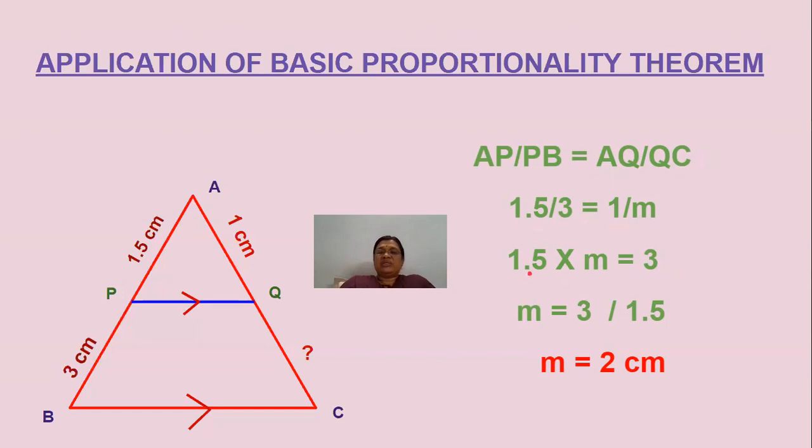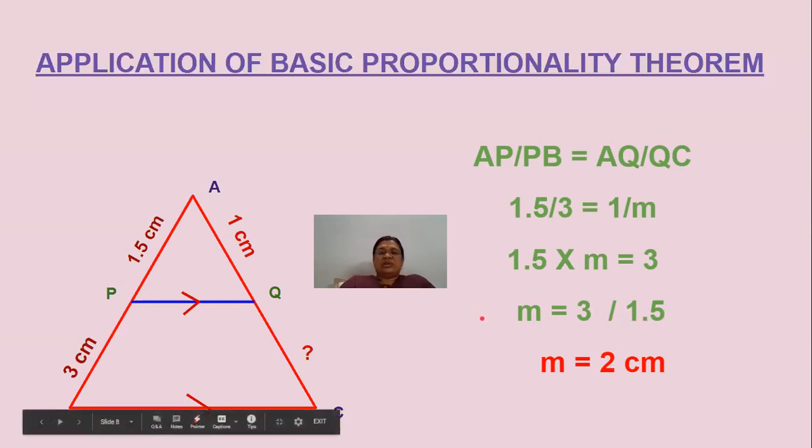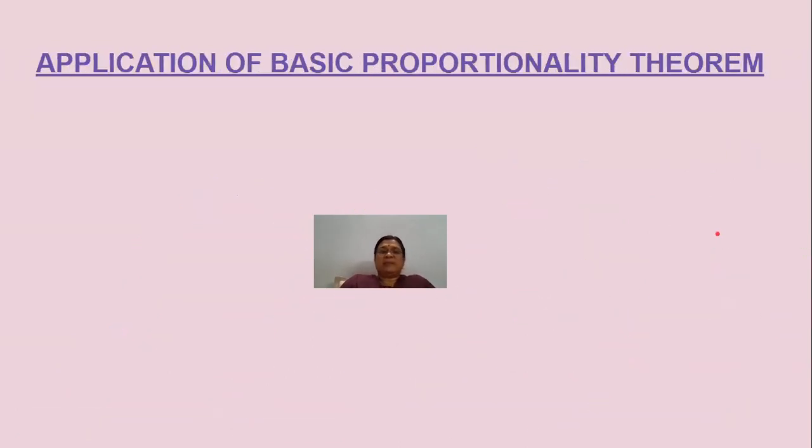When you bring this 1.5 to the other side, it becomes 3 by 1.5. 1.5, when you double it, you'll get 3. Therefore, it cancels and you will get 2 as the answer. So the QC value will be 2 centimeters. Like this, you can find out very easily by using the theorem.